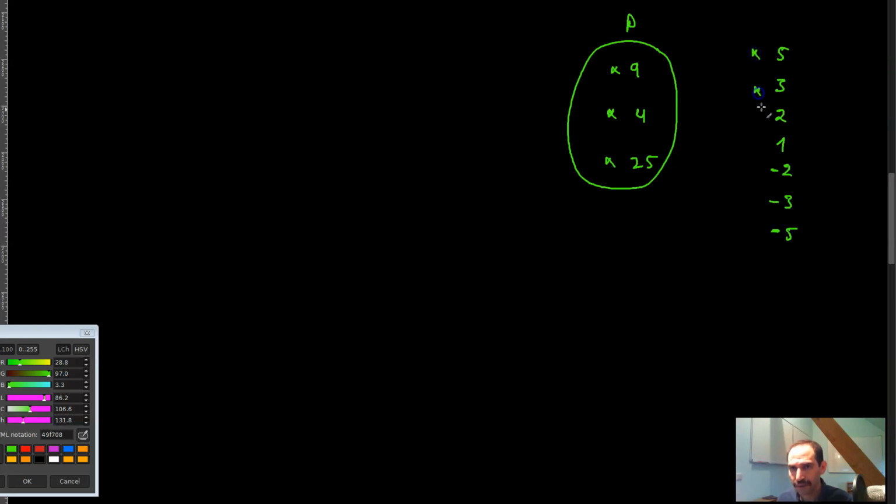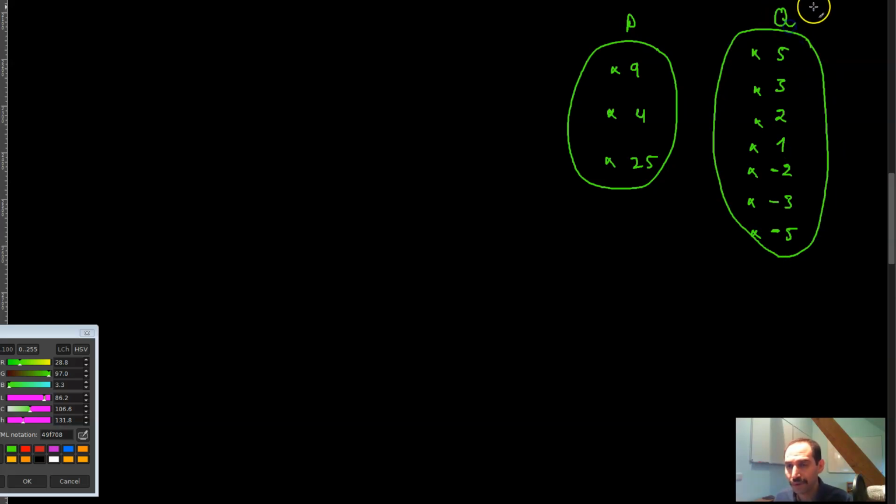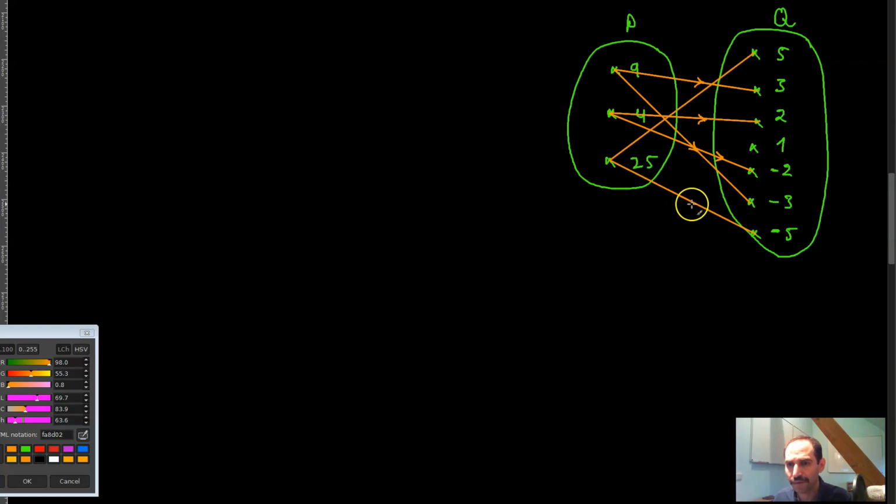And these elements constitute a set called Q. Now, in this situation, 9 has been mapped to 3 and -3. 4 has been mapped to 2 and -2. And 25 has been mapped to 5 and -5. Right? That's the situation that we have.